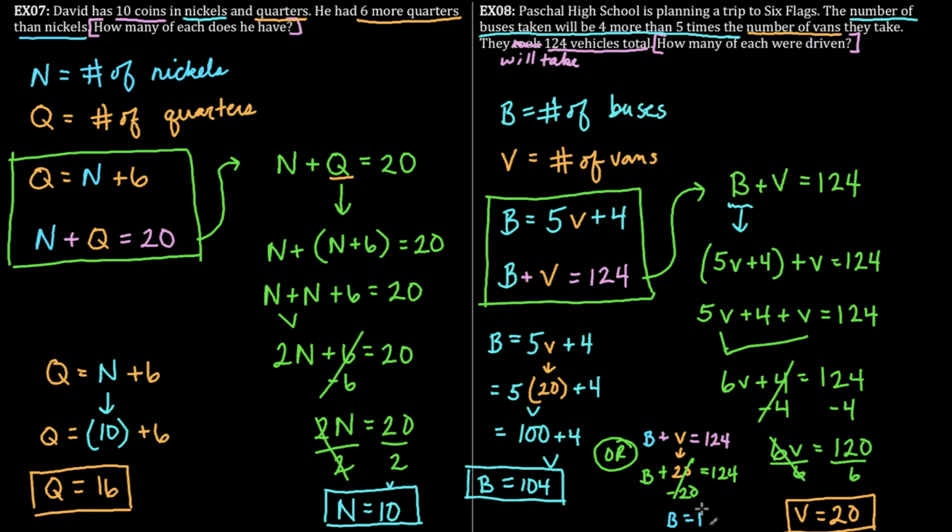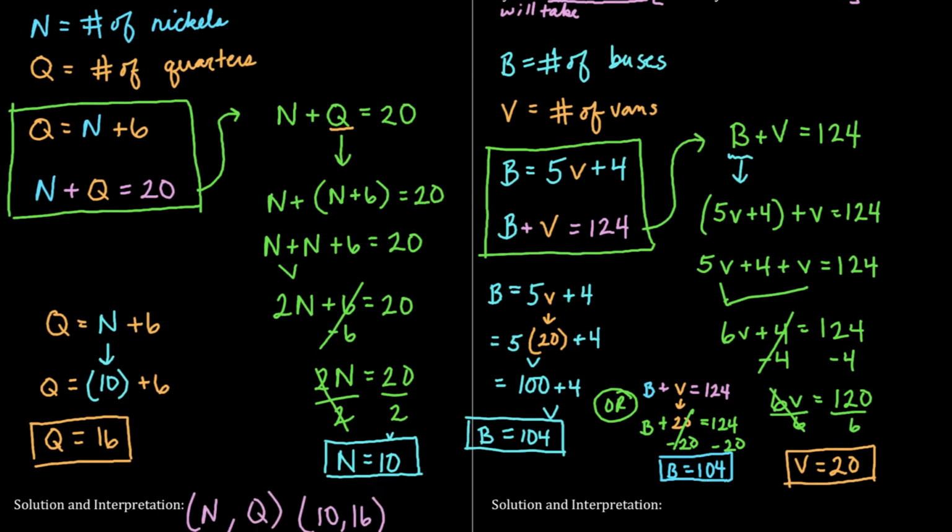Oh, there we go. So then you end up with B equals 104. So you could plug it in here, which I think is easier, or you can substitute in the 20 here and then figure out what B is. Either way, you'll get the same answer.